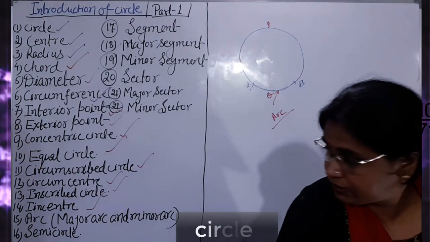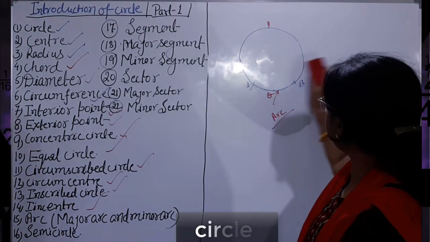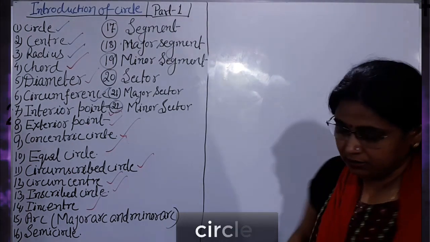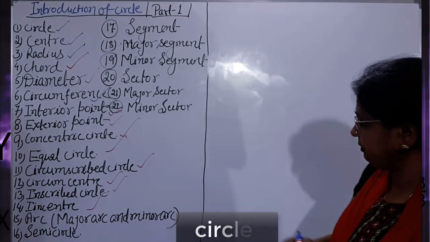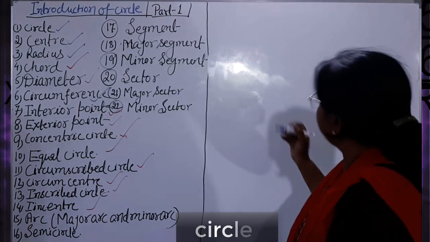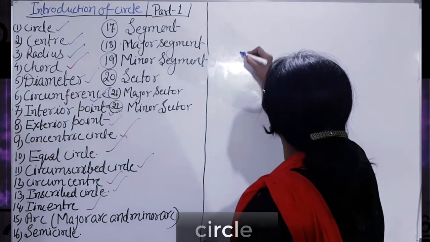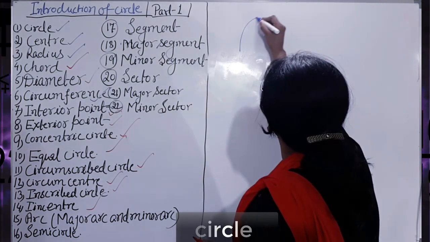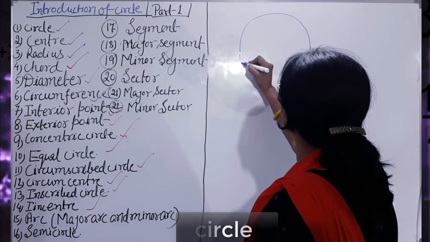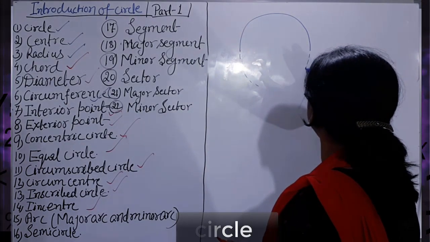The second thing is the semicircle. Half of the circle is a semicircle. Half of any circle is a semicircle.